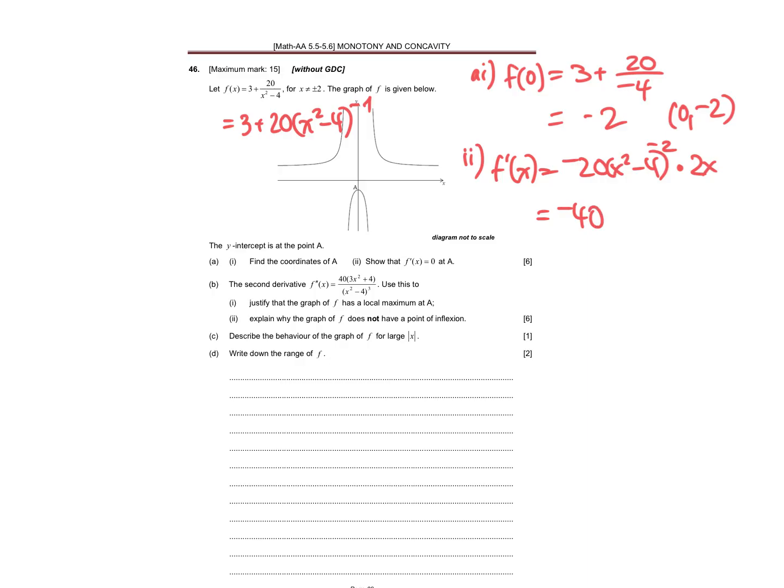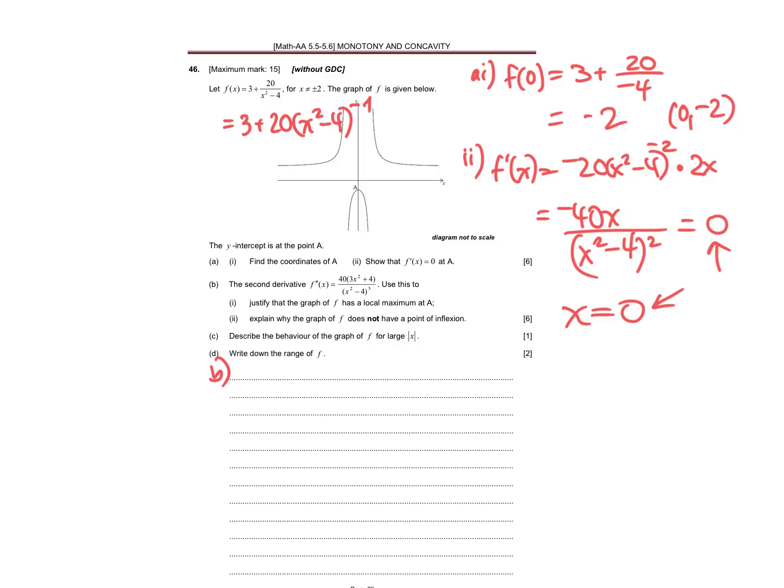So negative 40x over (x squared minus 4) squared. And if we set that equal to 0, the denominator goes away, negative 40x equals 0. x is 0. Okay? So that means at x equals 0, the derivative is 0.